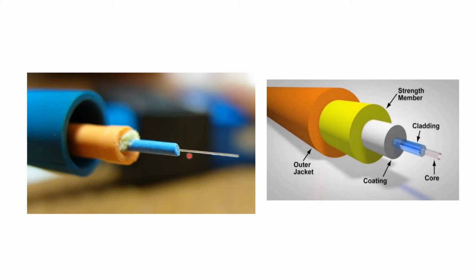This is the thin optical fiber through which the light is transmitted. Always consider that the refractive index of the core is always higher. The refractive index of the cladding is lesser than that of the core.